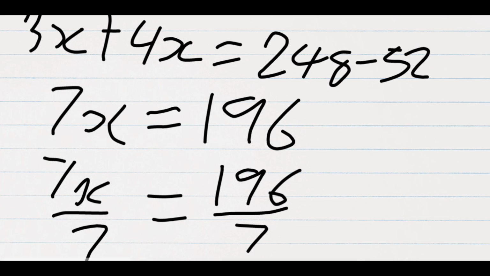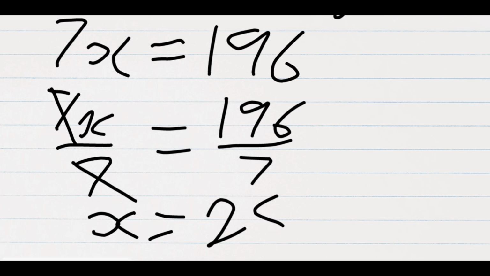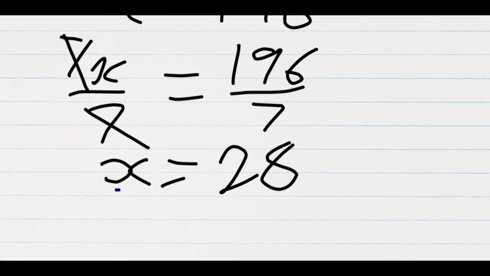And 196 divided by 7 is 28. So x is equal to 28. So this is your answer. But remember, at the end we'll have to conclude. So the number is 28, and this is your conclusion.